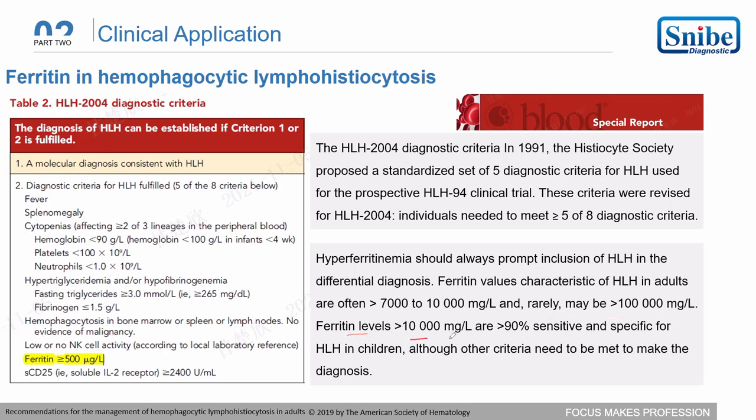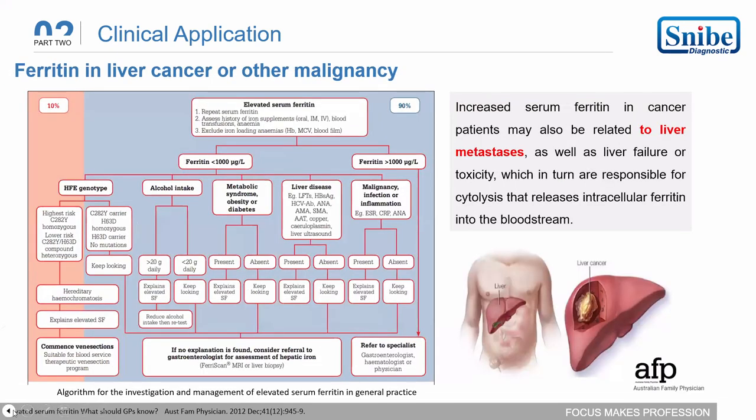A ferritin level of 10,000 is 90% sensitive and specific for HLH in children, and they need to meet the criteria, with ferritin greater than 500 microgram per ml. Other testing that provides molecular diagnostic support for HLH will help in diagnosing it under the 2004 diagnostic criteria.